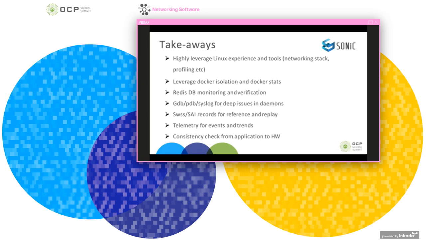And GDB or syslog for those deep issues in the daemons. And the other things like SWSS and sairedis are very good when you want to reproduce the issues offline. And the telemetry data is very good to get the trends, to get the events, the timing, and also you can look back at history, and also rely on the consistency checks from application to hardware. So yeah, that's it for the talk.